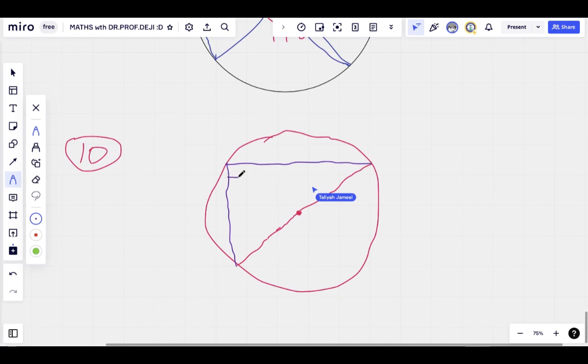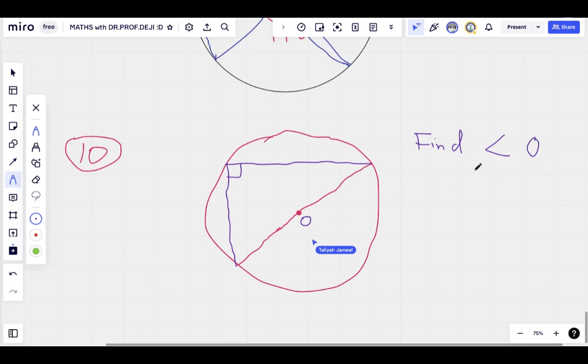Then they tell you this angle. They ask you, what is angle O? If they give you a question like this, they say, find the angle at the center. Find angle O. So what will it be?